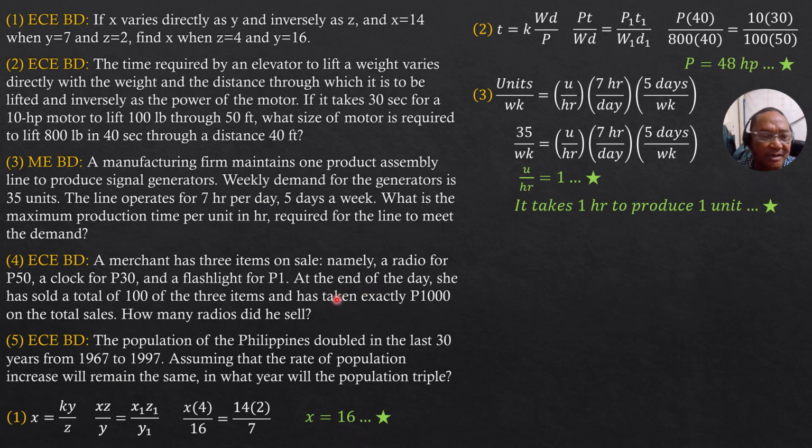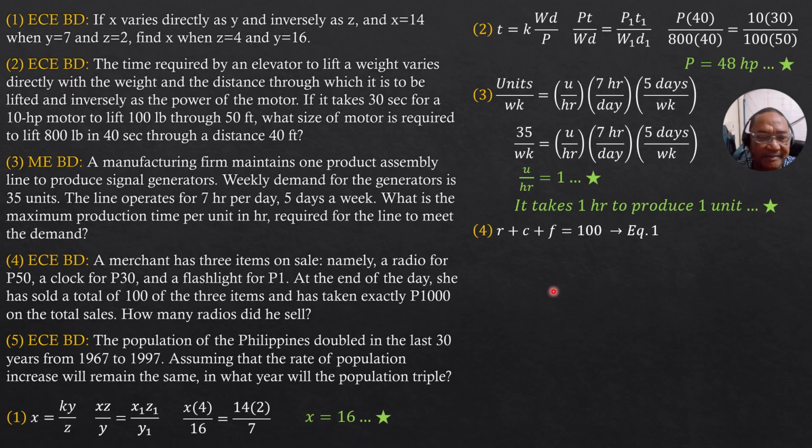So let's denote R for the number of radios, C for the number of clocks, and F for the number of flashlights. So that means R plus C plus F is equal to 100 items.